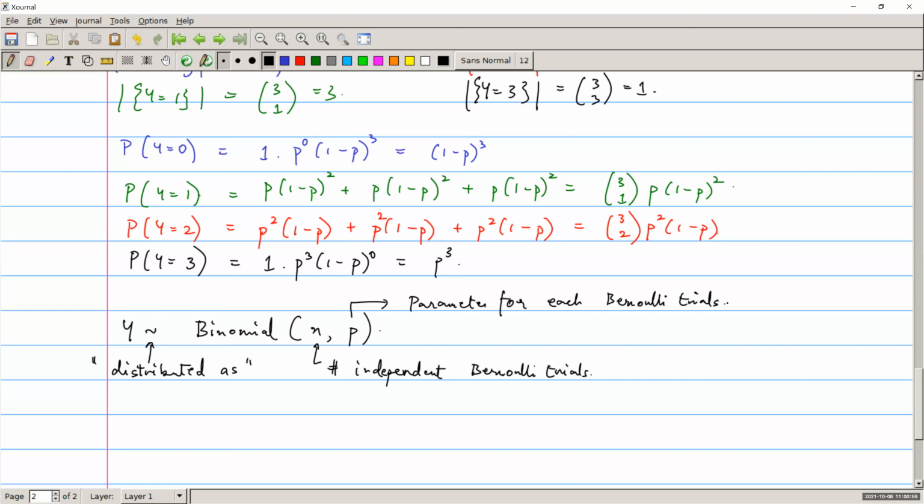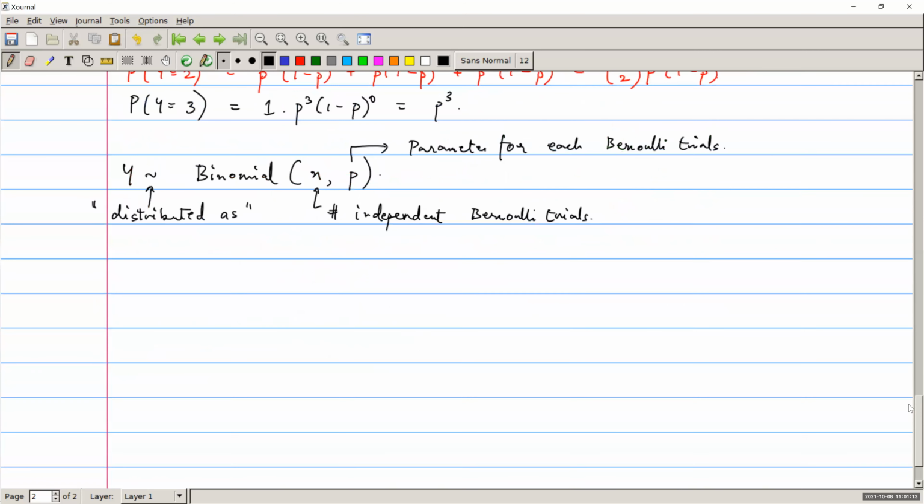Now, like I said, this template occurs in many places. It's very common. In fact, we have seen an example before which we can analyze using this template. Let's go back to our prosecutor's fallacy.